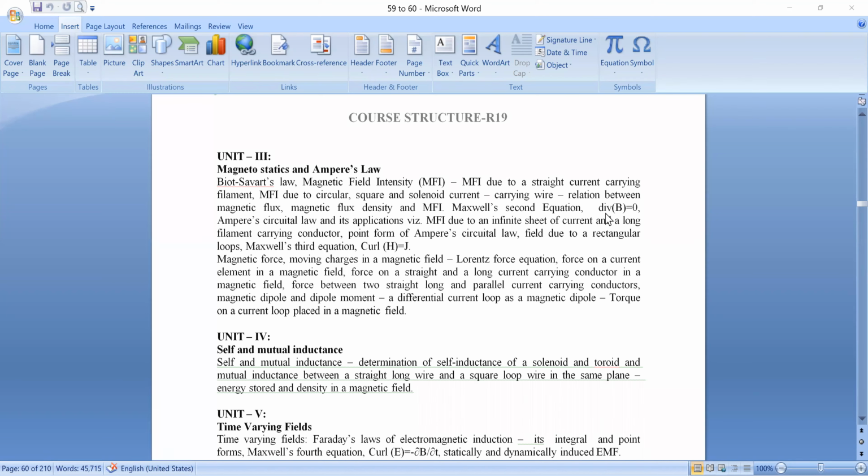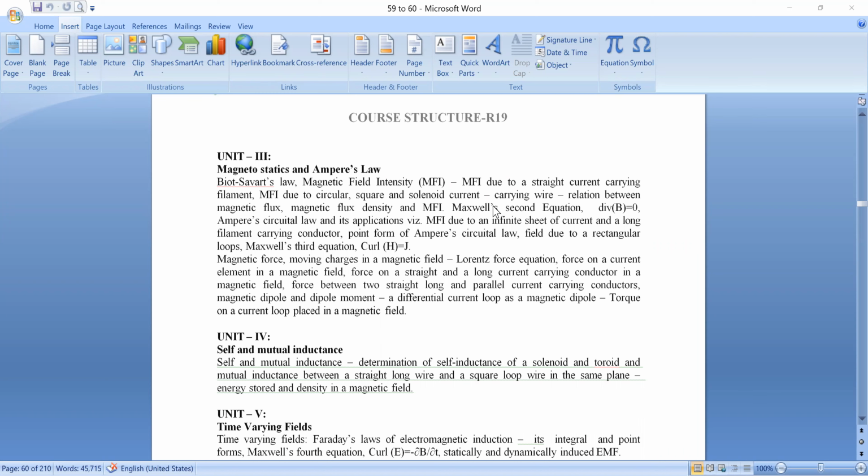Here divergence is a property which we have to use from vectors. B is the magnetic flux density. Now here we derive Maxwell's second equation, so the derivation is div B is equal to 0. These equations are very important from the exam point of view.